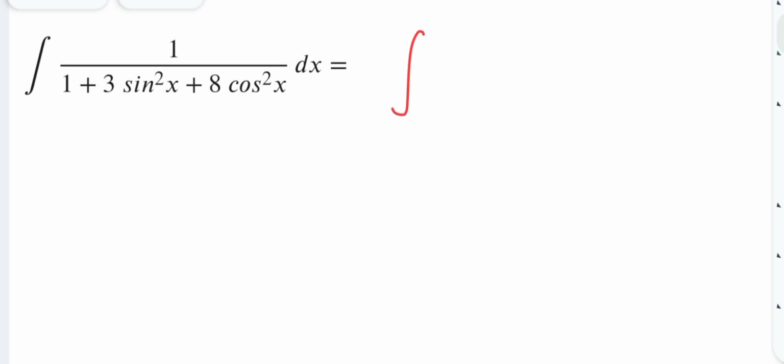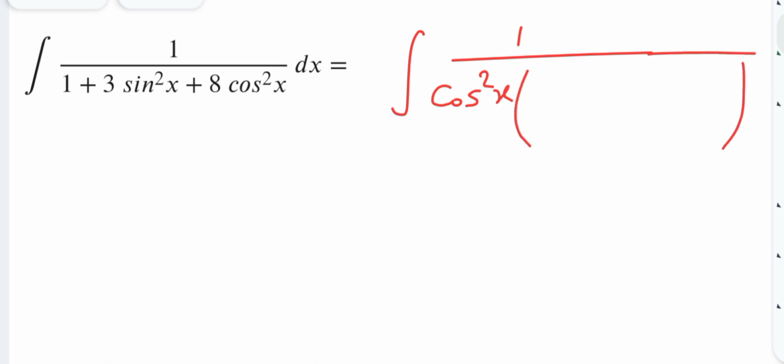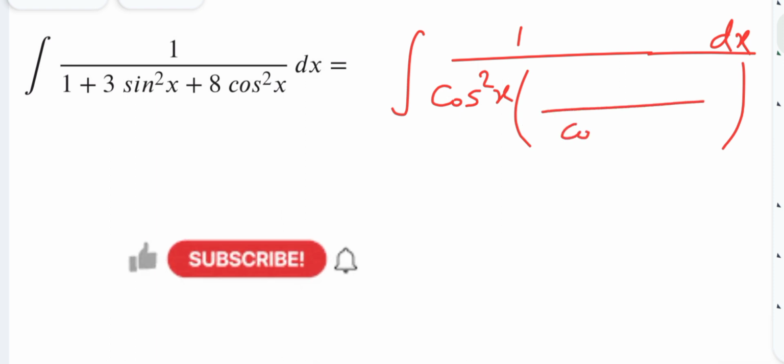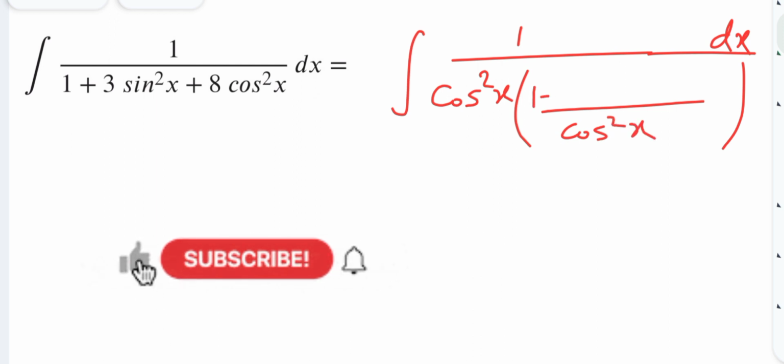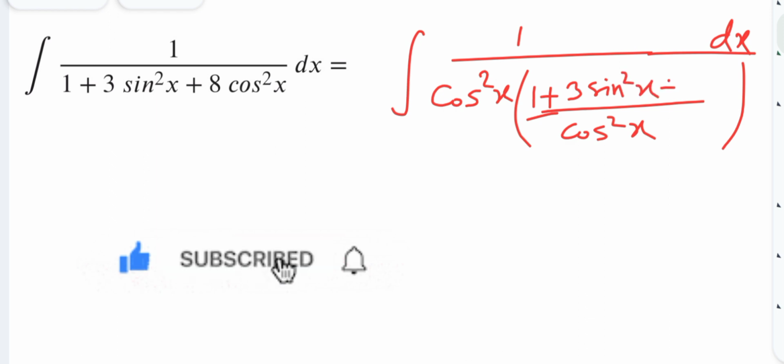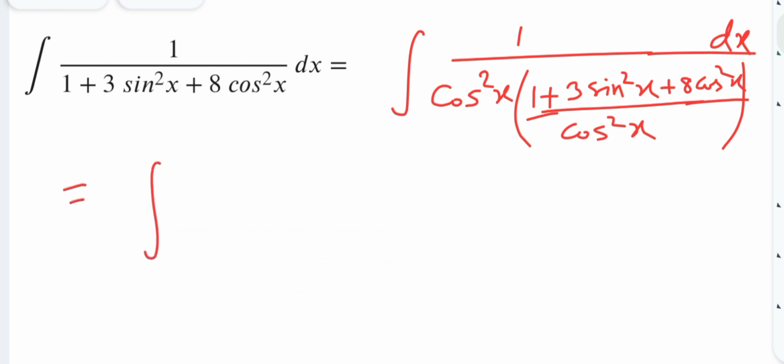So the whole thing I am going to divide with cos square x, 1 plus 3 sin square x plus 8 cos square x.